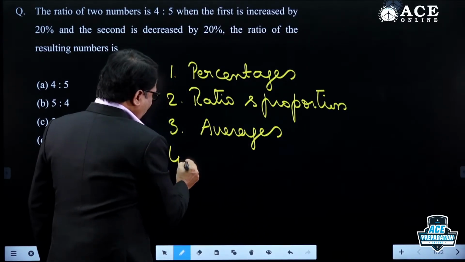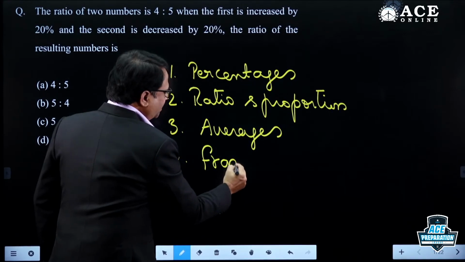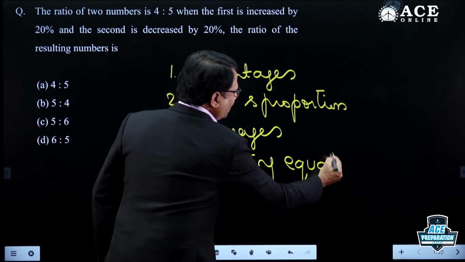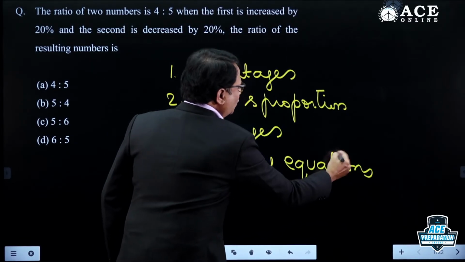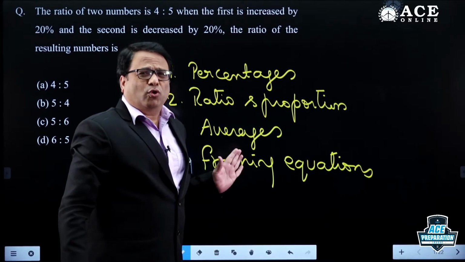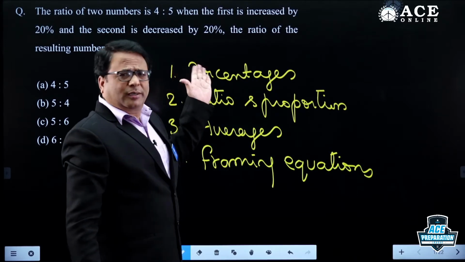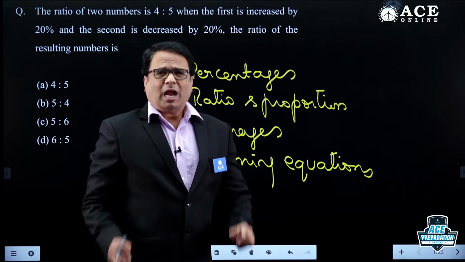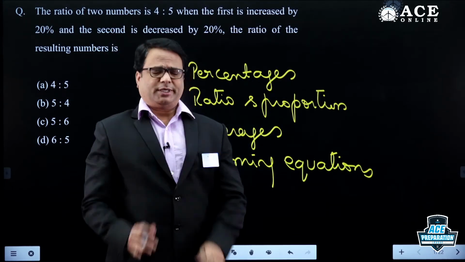And the fourth one is framing equations. You may be wondering what is this fourth one. You might have heard about all the first 3, but you may be wondering what is the last one. I will tell you why the last one is important.